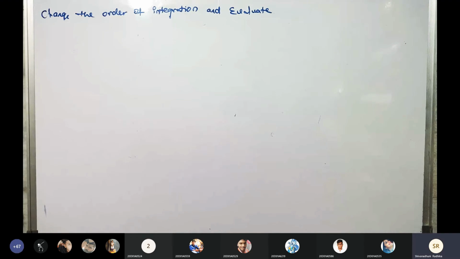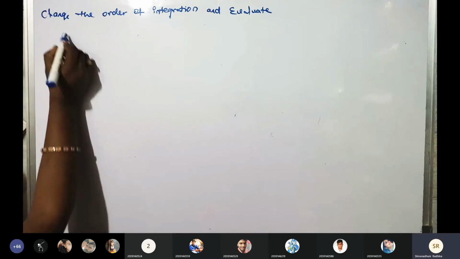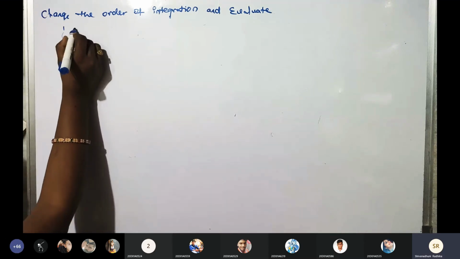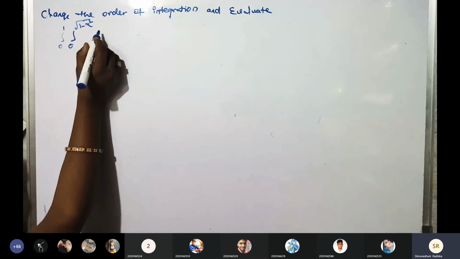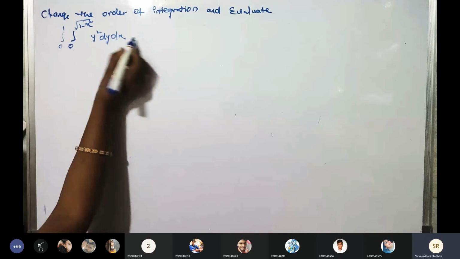Change the order of integration and evaluate. Integration 0 to 1, integration 0 to under root of 1 minus x square, y dy dx.